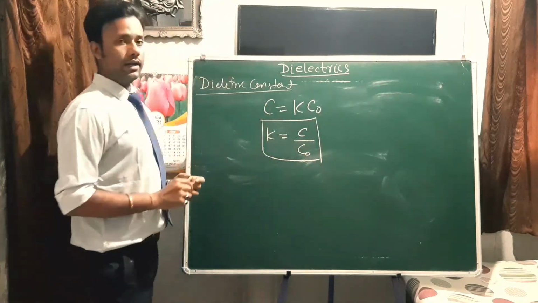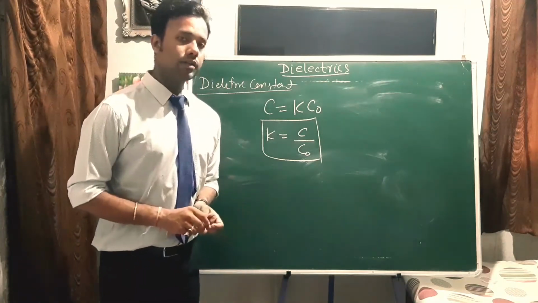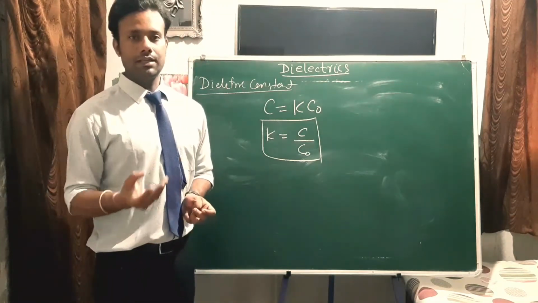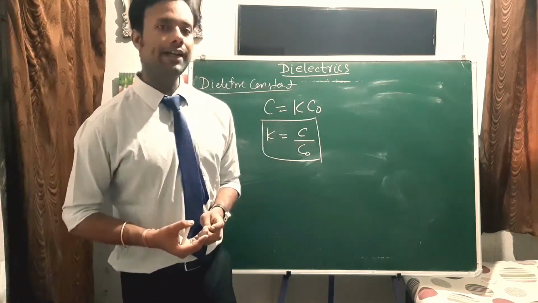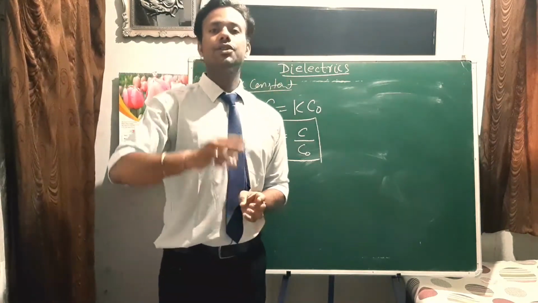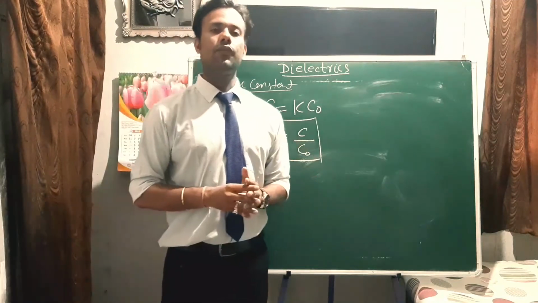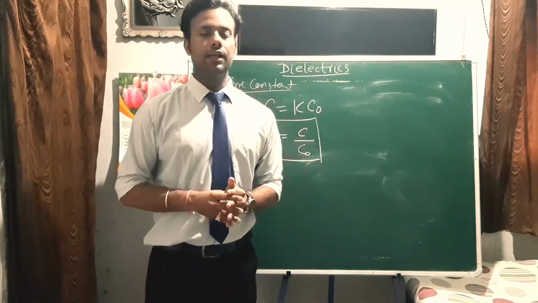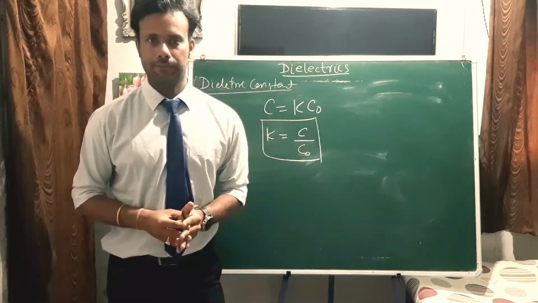So how can we define the dielectric constant now? We can say the dielectric constant of any material is the ratio of the capacitance of the capacitor when the gap between the plates is filled by some dielectric material to the capacitance of the capacitor when there is vacuum or air between the plates, right?